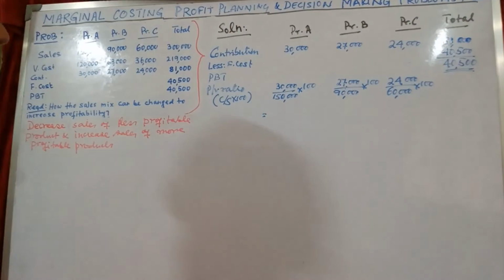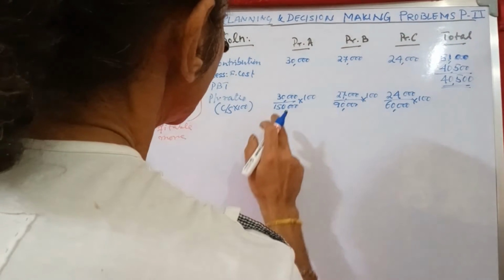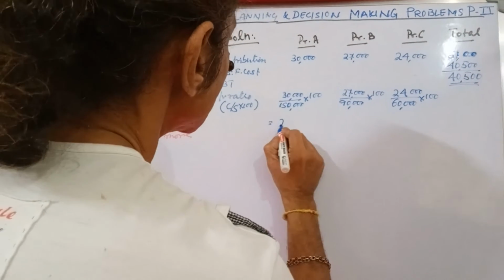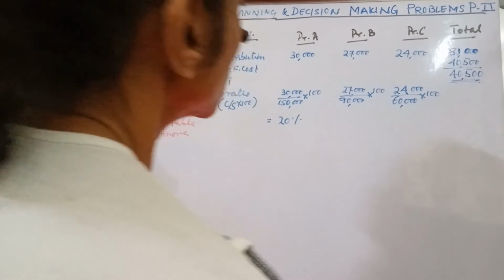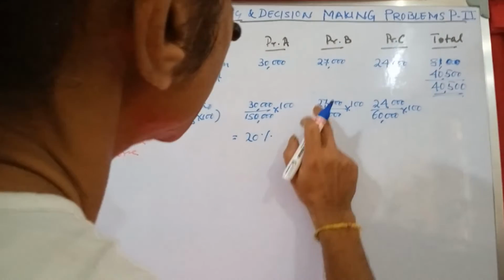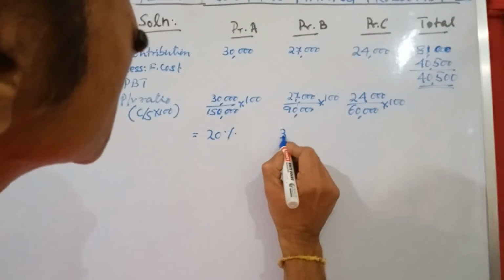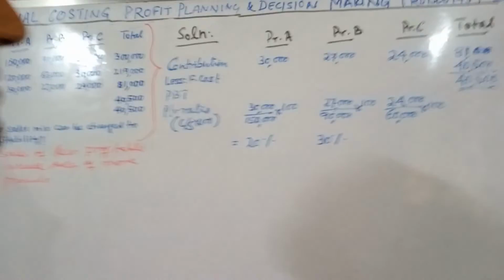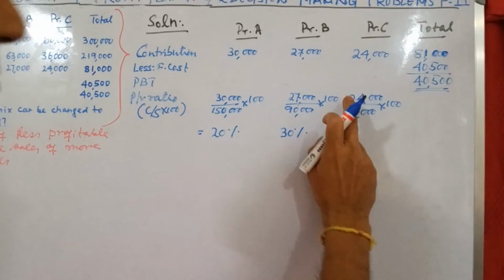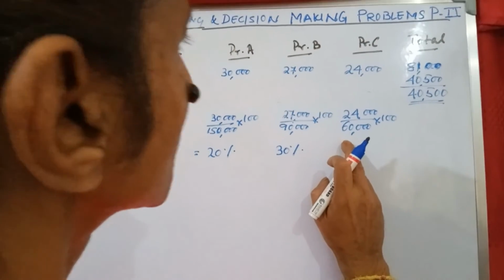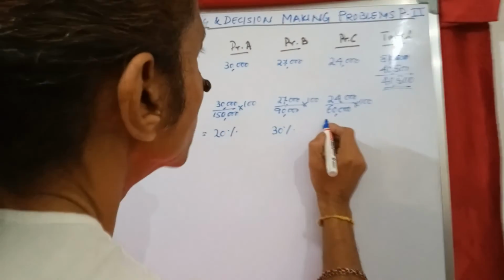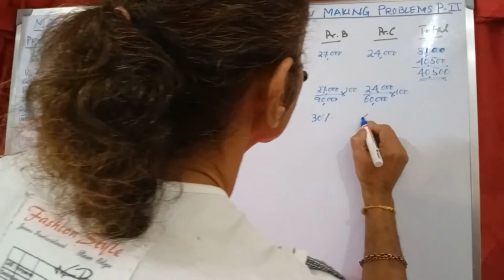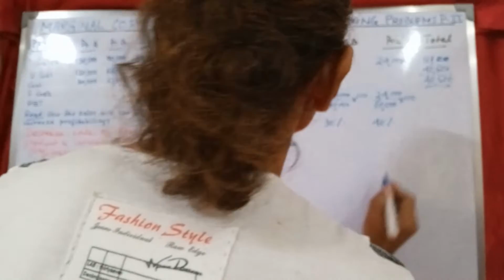So this comes to how much? 30 out of 150, that is 20%. 27 out of 90, that is 30%. And 24 upon 60, that is 40%.